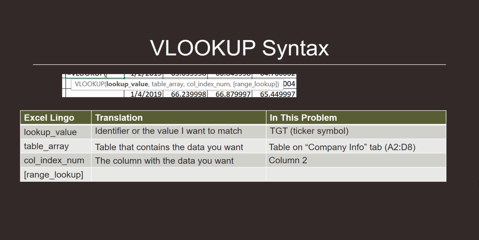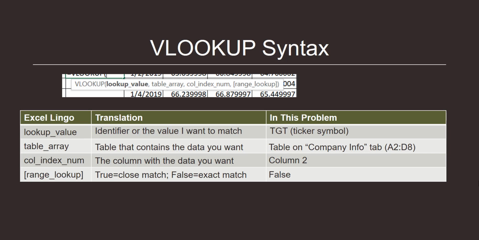Finally, we need to tell Excel about the characteristic of the range that we're looking at. There's two options here, either true, which is a close match, or false, which is an exact match. In this case, we want to use false. We want an exact match. So I only want target to populate as the company name if the ticker symbol is TGT, exactly.